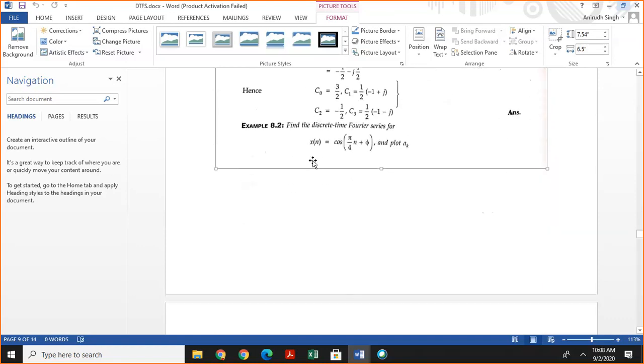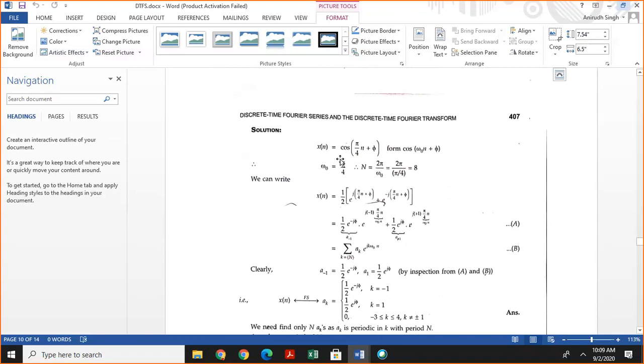Question: Find the discrete time Fourier series for x of n equals cos of pi by 4 multiplied by n plus psi, and plot it.